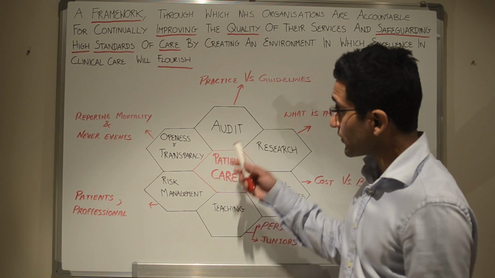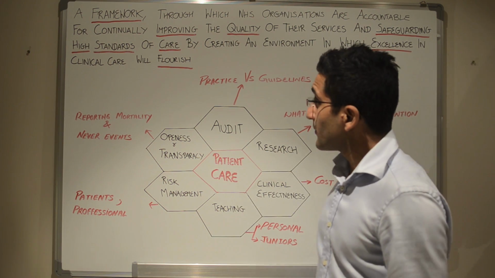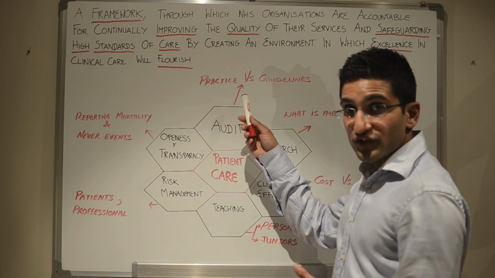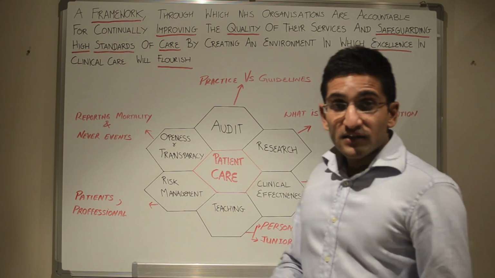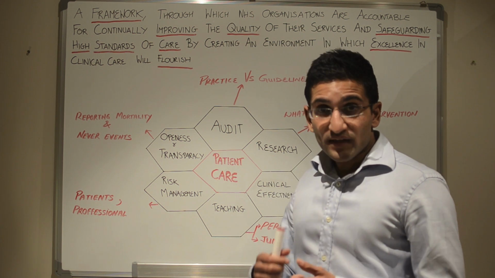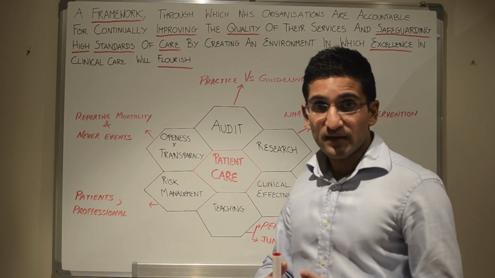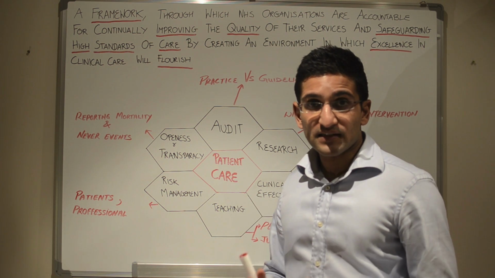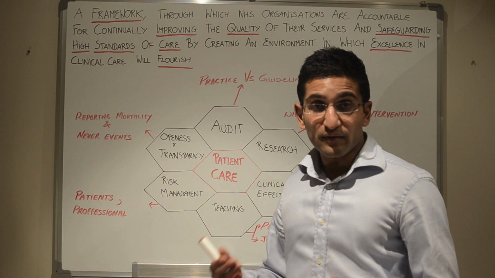So starting off with audit. Audit is all about comparing the practice of a given department in relationship to guidelines. So guidelines define what excellence is in the given situation, and we're trying to measure how closely we adhere to these guidelines and therefore how excellent our care is.